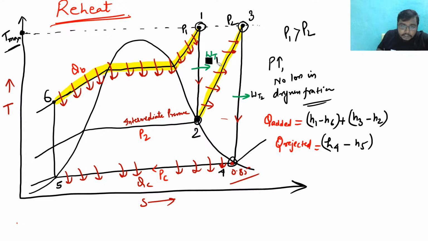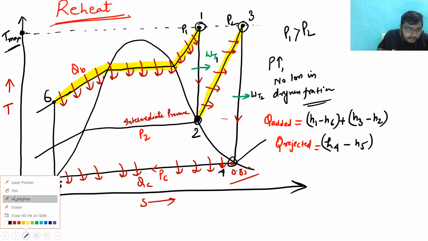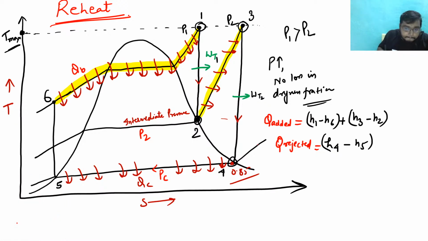So what I can write here is work done by turbine. What is the work done by turbine? Work done by turbine is this 1 and 2. So from 1 and 2 work is being done by turbine. So this is H1 minus of H2. Clear? This much amount is H1 minus of H2.